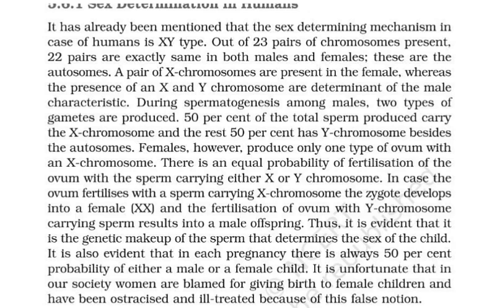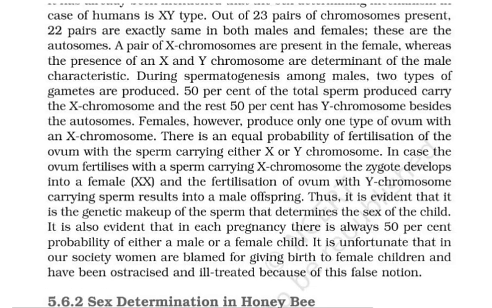In order to have a distinction with the mechanism described earlier, the two different sex chromosomes of a female bird have been designated the Z and W chromosomes. In this organism, the female has one Z and one W chromosome, whereas males have a pair of Z chromosomes besides the autosomes. Clear?